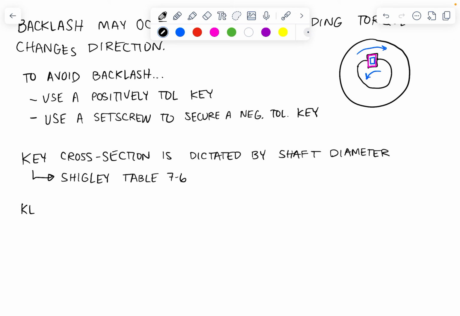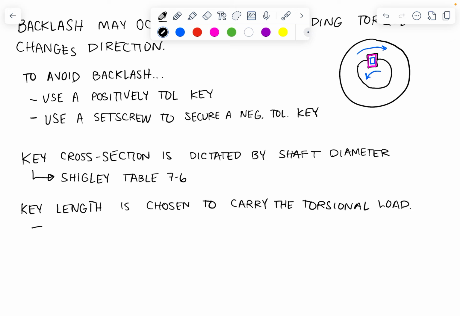And then your key length is chosen to carry the torsional load.